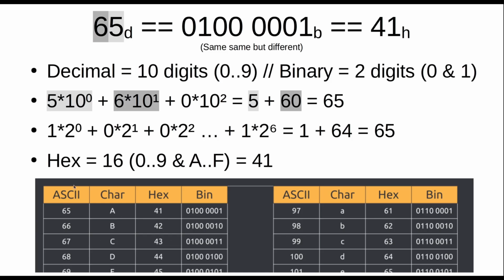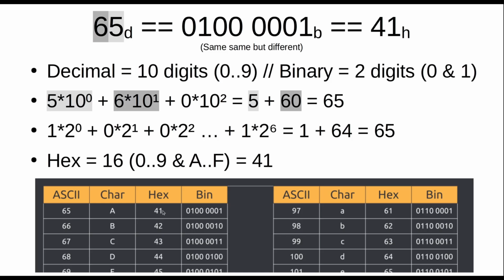And again, down here in the ASCII table, you can now see that internally this sequence can be either used to represent a number or a character. And if you want to, you can also just look at it as a different number in the hexadecimal system.